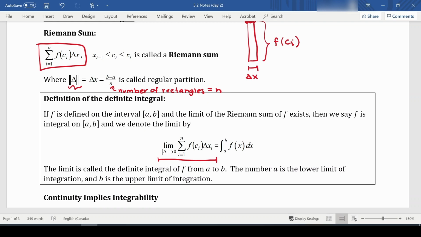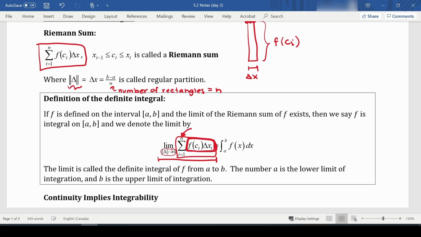So this is saying, basically, the limit as your delta x approaches 0. So the width of the rectangles is approaching a very, very small number, almost towards 0 width, meaning you would have a lot of rectangles. The sum of the areas of those rectangles, so remember each one of these is one rectangle.